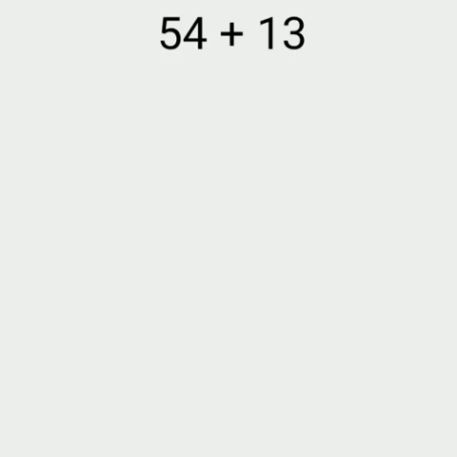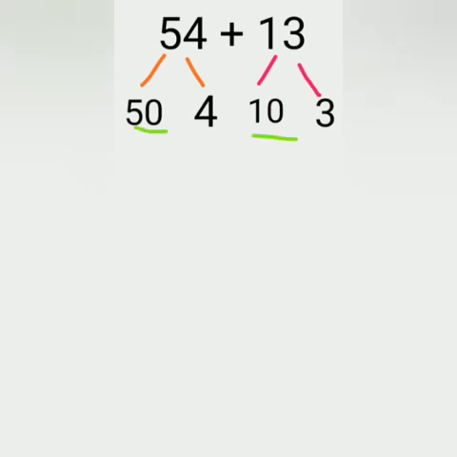Let's look at another one together, exactly the same way. So 54 add 13. 54. 5 tens, 4 ones, making 50 and 4. 13. 1 ten and 3 ones, making 10 and 3. What are we going to do?